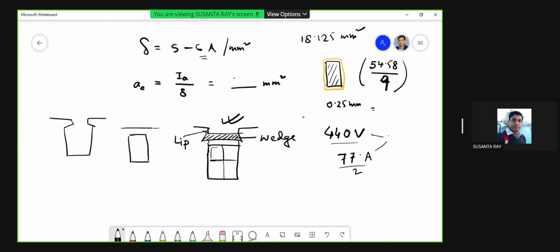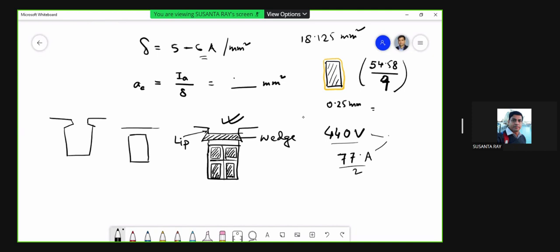Now inside we will have some bare conductors and some insulation. So this will be the conductor, and on all sides you will have the insulation. The slot will have its own insulation and the conductor will have its own insulation.